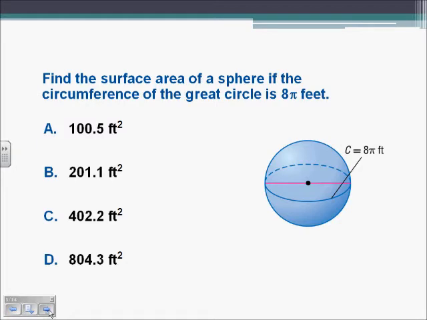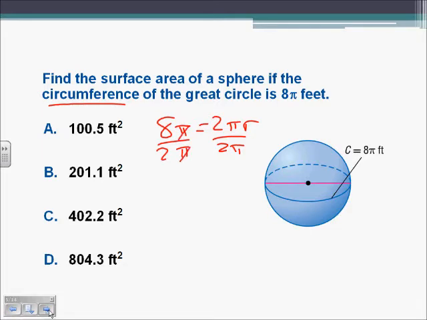Alright, in this next problem we're asked to find the surface area of a sphere given the circumference of a great circle being equal to 8 pi feet. So we take our 8 pi, we're told that it's the circumference, so we set that equal to 2 times pi times our radius, divide both sides by 2 pi. If we look, our pi's here will cancel out.